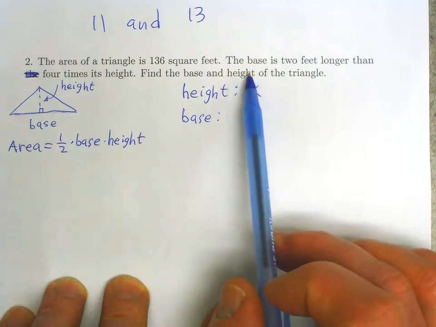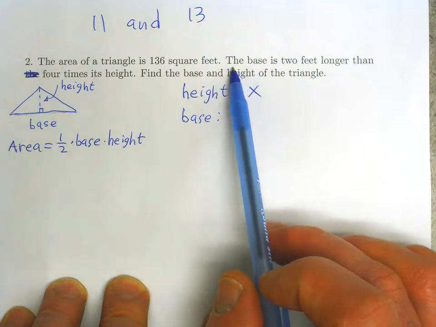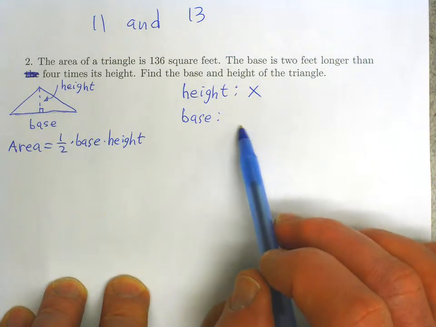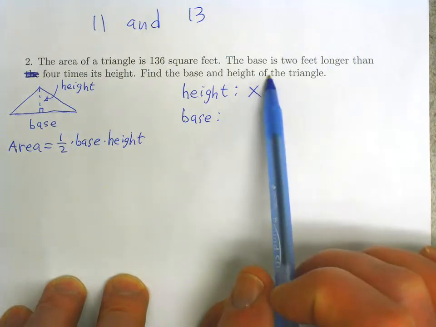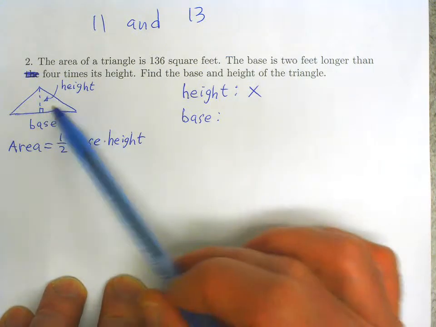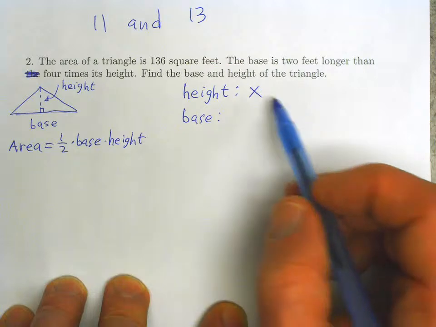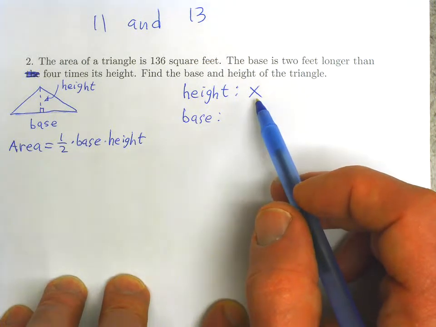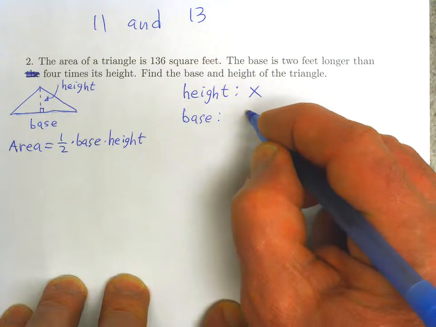And then I use the information in the second sentence to come up with an expression for the base. The base is 2 feet longer than 4 times the height. Okay, 4 times the height is 4x, and 2 feet more than that is 4x plus 2.